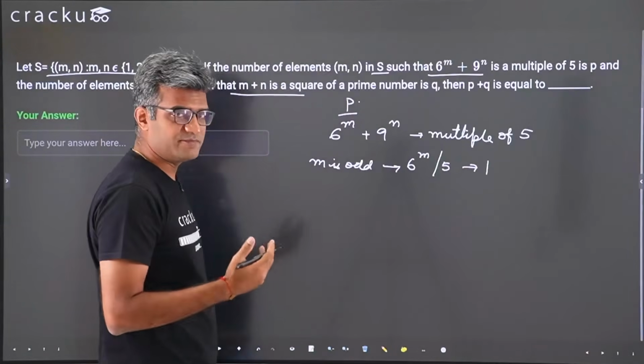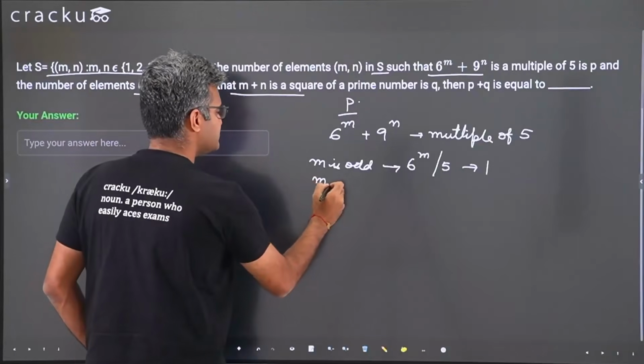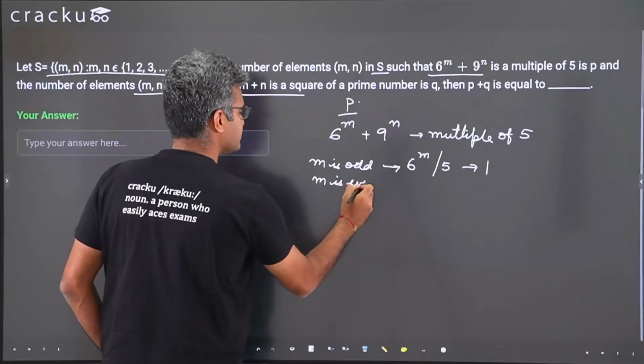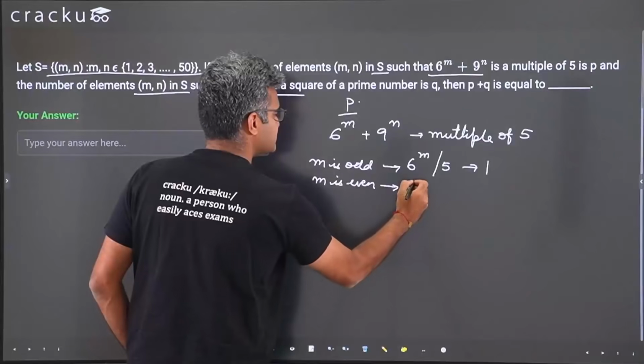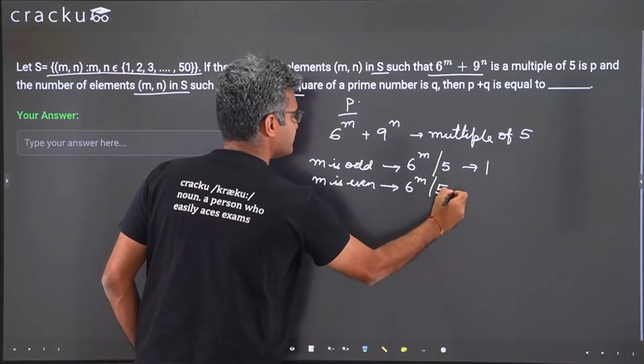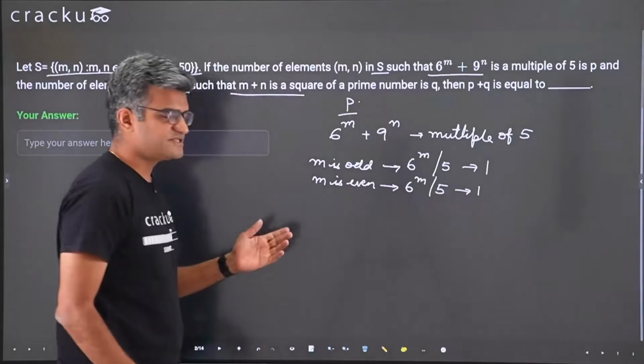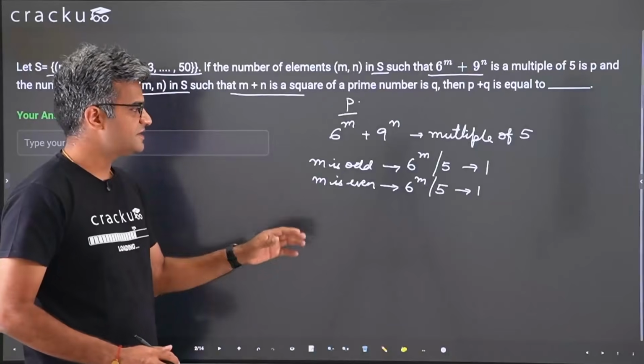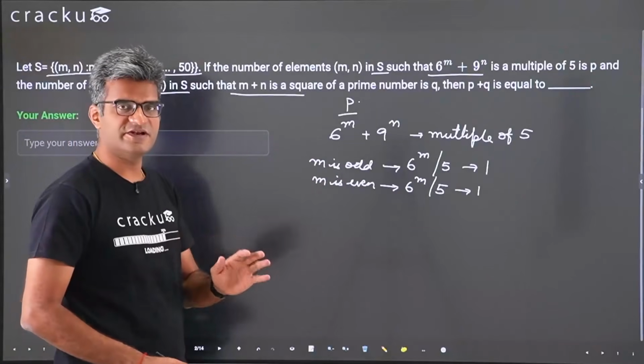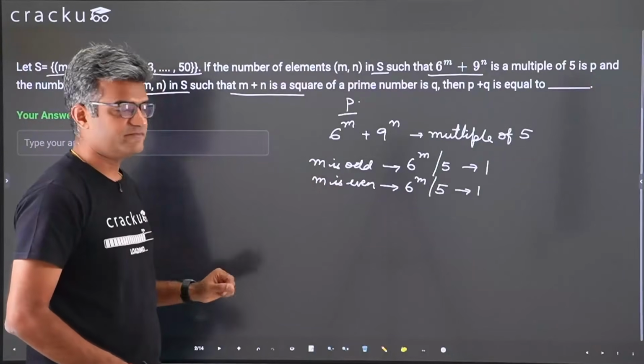Similarly, because 6 is 5 plus 1, even when m is even, the remainder when 6 to the power m is divided by 5 is 1. Basically, irrespective of whether m is odd or even, 6 to the power m will always leave a remainder of 1 when divided by 5.